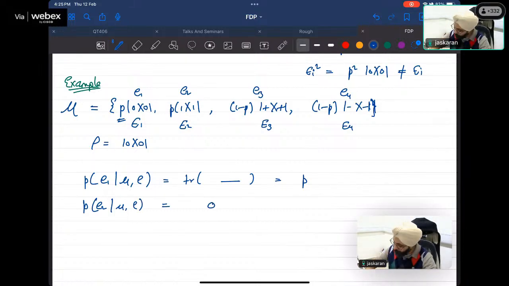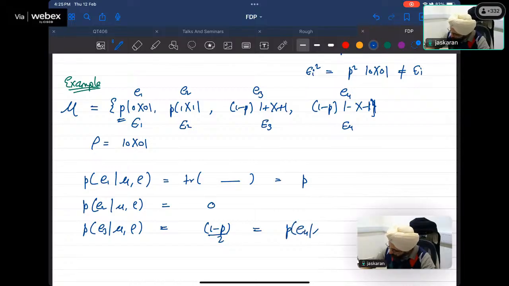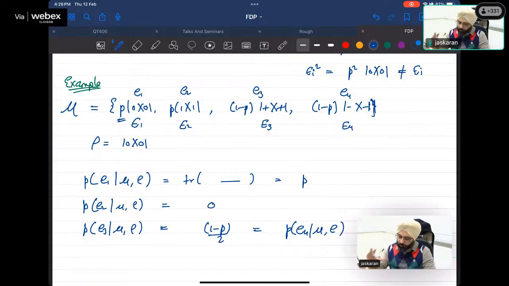Moreover, the probability to get the outcome E2 for rho is now 0. You can again do this. The probability to get E3 is now (1 minus p) by 2, which is again equal to the probability of getting E4. So look here what is happening. Let's try and analyze this very simple looking example.